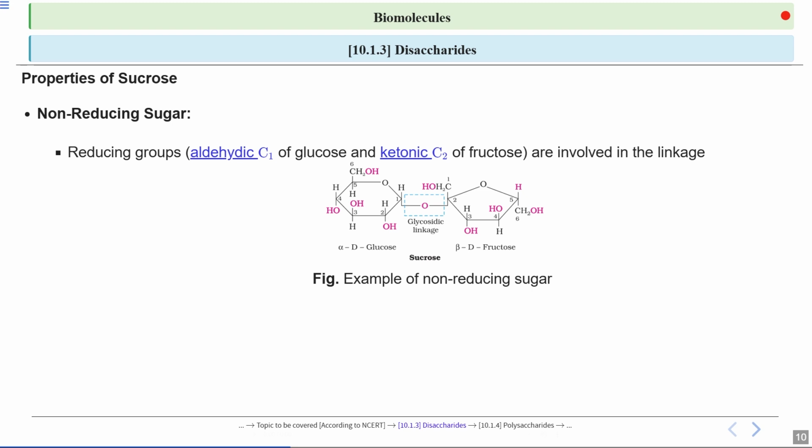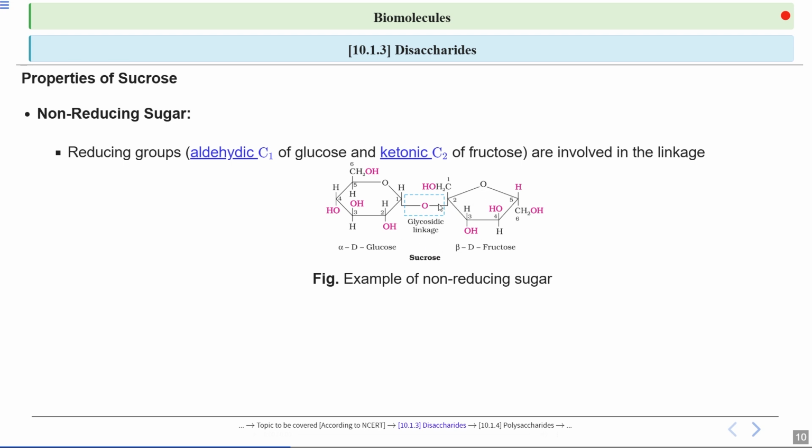If you notice this diagram, you will see that the reducing groups, which are the aldehydic C1 of glucose and ketonic C2 of fructose, are involved in the linkage. So this is the carbon 1, which is the aldehydic C1 of glucose. In glucose, we have an aldehyde group at carbon 1, and in fructose, we have a ketonic group.